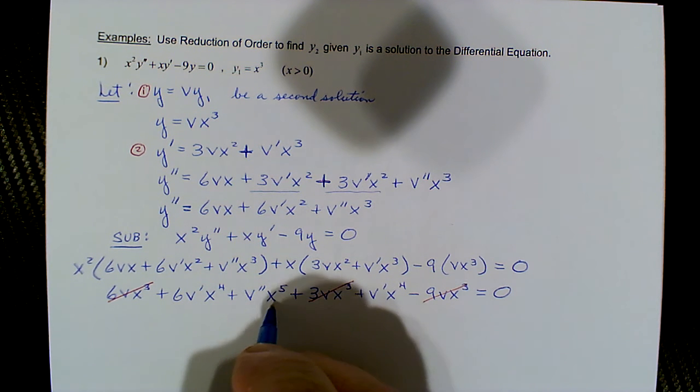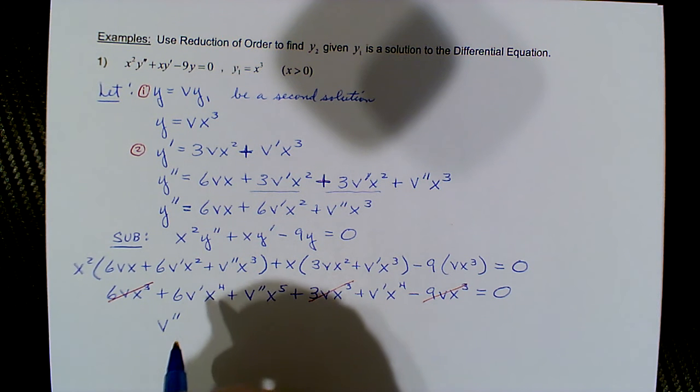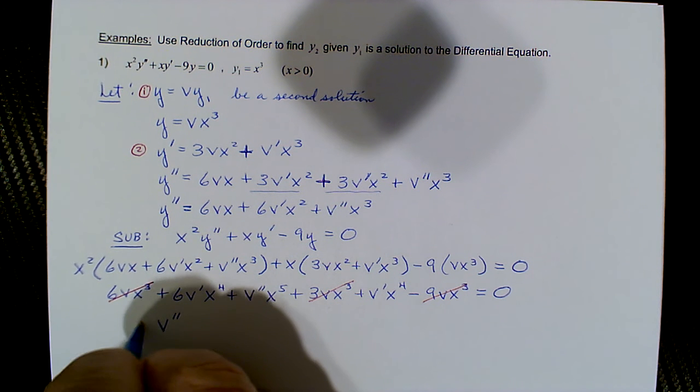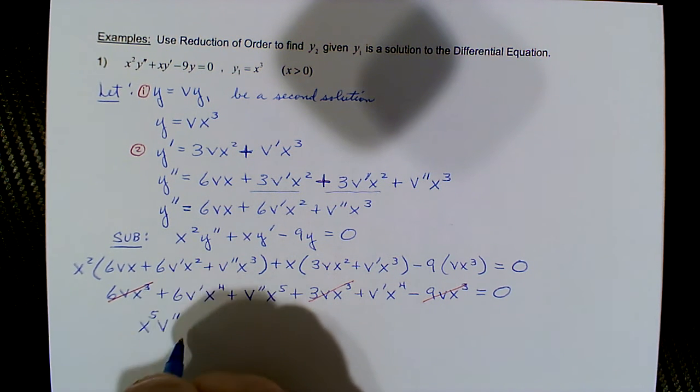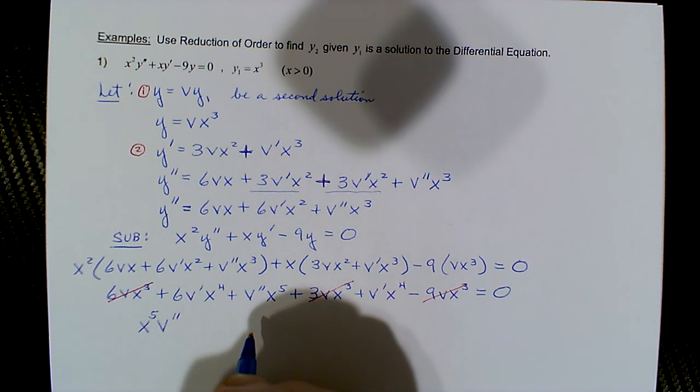Let's list the v double primes first. So we just have a v double prime x to the fifth, and let's write the x to the fifth in front of the v double prime, because the major thing to notice is it's the v double prime that we're interested in.